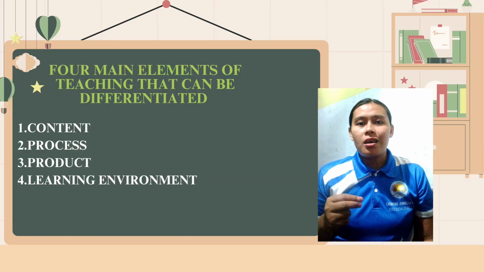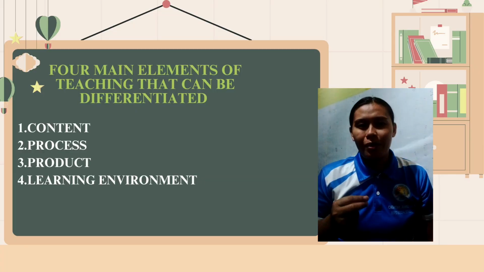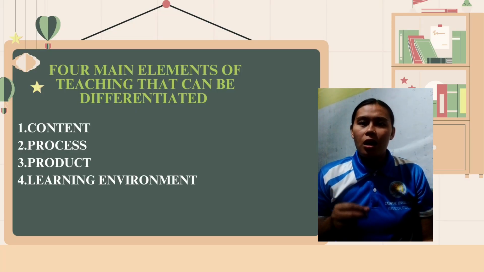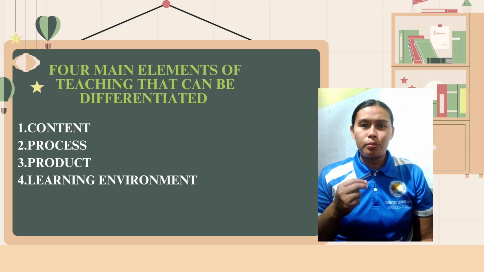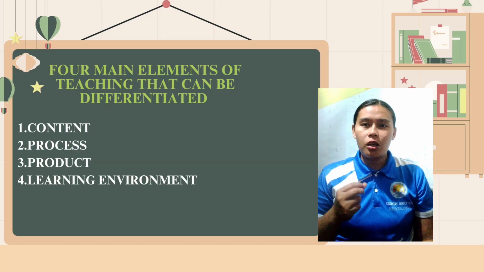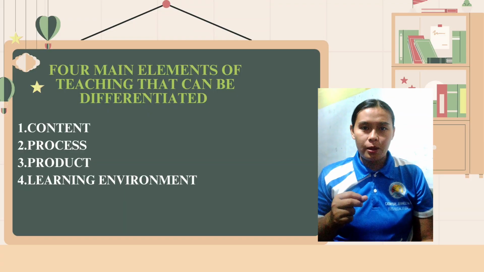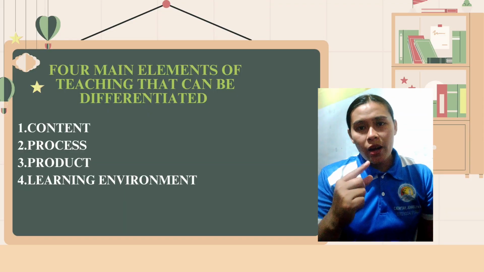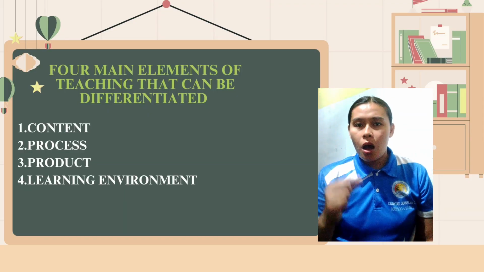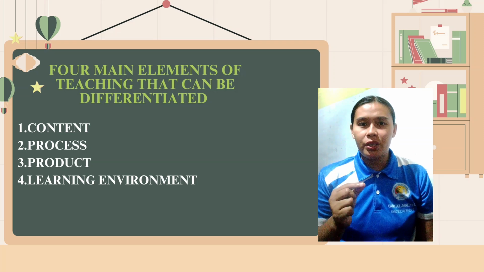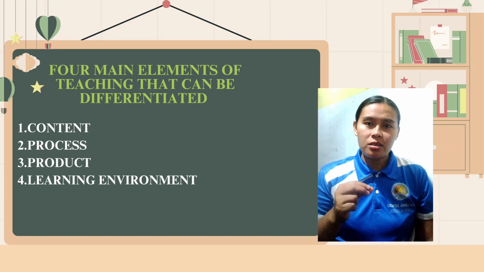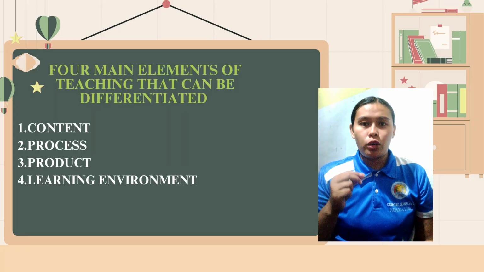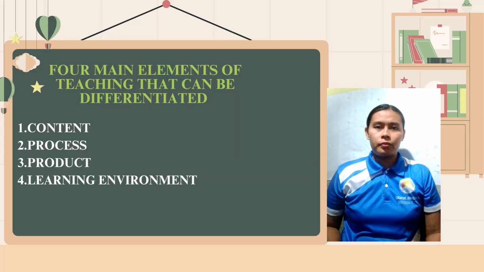For the process, some students learn by manipulating fraction blocks, others by watching a short video, and some by solving practice problems, depending on how they learn best. While the product is how students show what they learn. Students can create different outputs like projects, presentations, or written work depending on their strength.